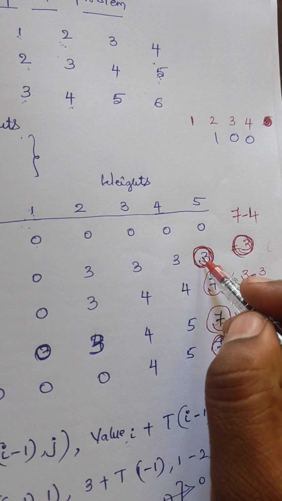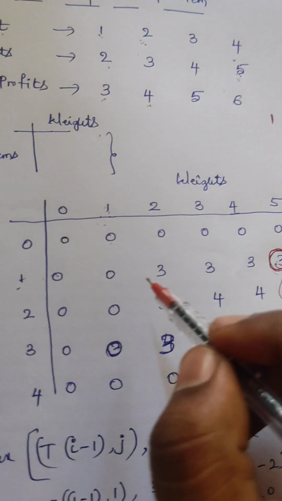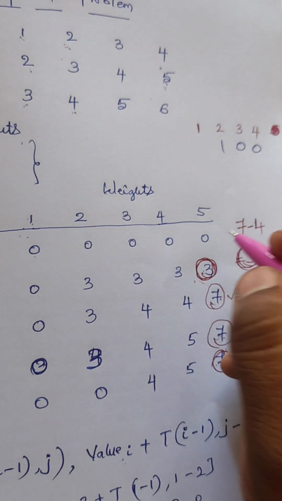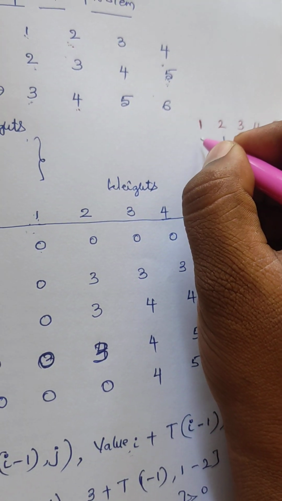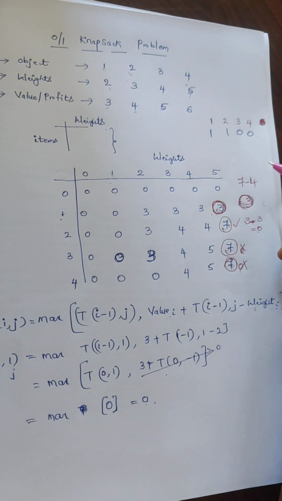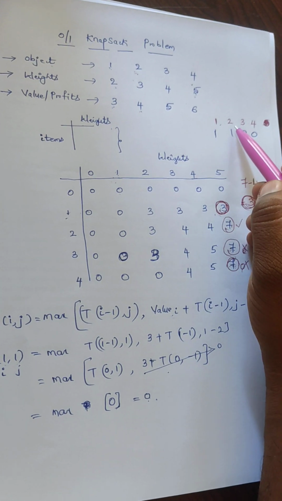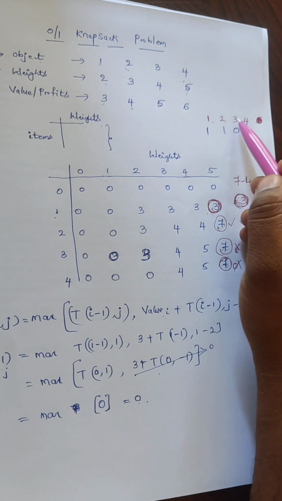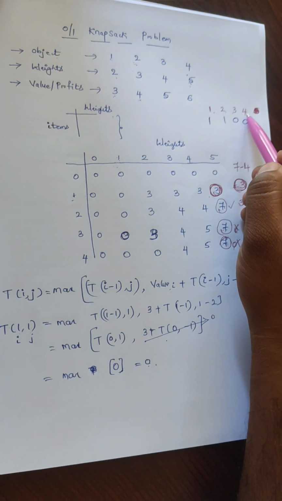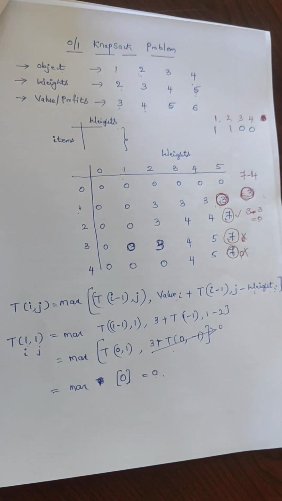So here the profit of the first object has to be completely taken. So for the first object also we put the value as 1. So for this problem we need to take only the first object in full and the second object in full, and we never take the third and fourth objects. Clear? So this is the overall representation of the 0/1 knapsack problem. Thank you.